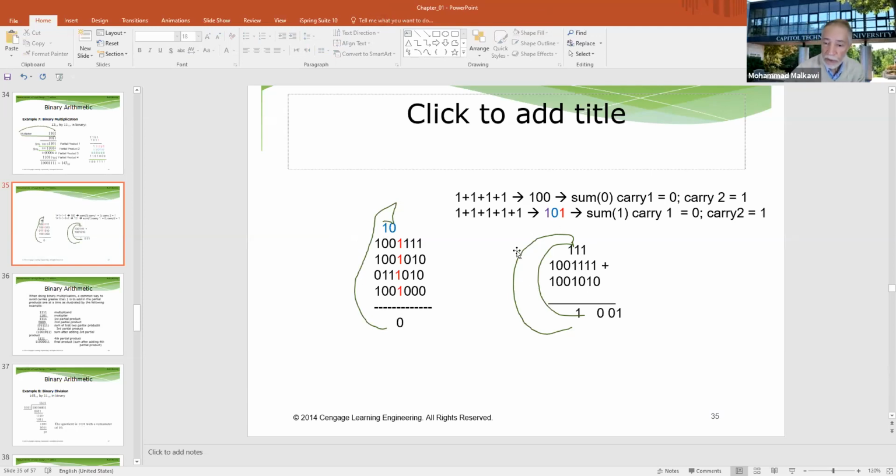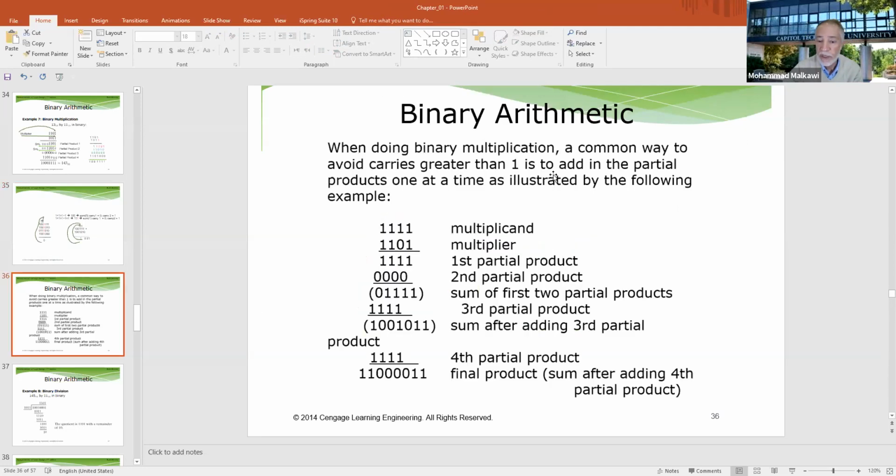When I build my adder, it's going to be much simpler than making an adder with 2 carries ahead. And that's what we say here. That's the slide about. So when doing binary multiplication, a common way to avoid carries greater than 1, which means the number of carries is only 1, is to add in the partial product 1 at a time.